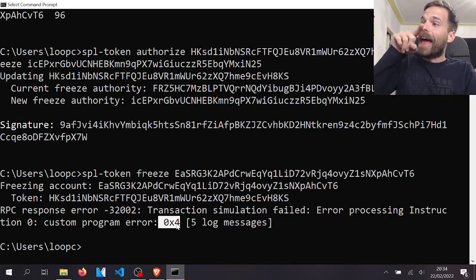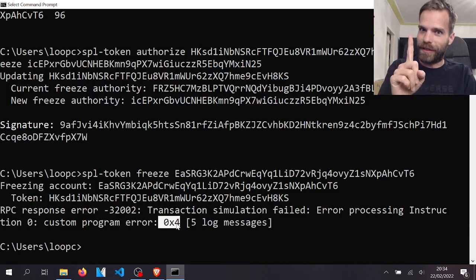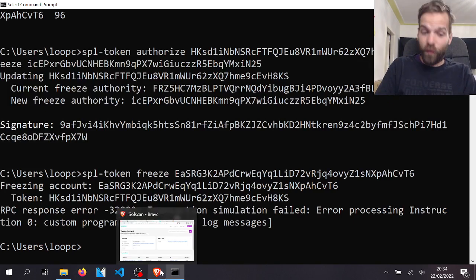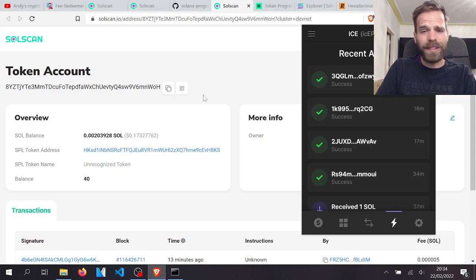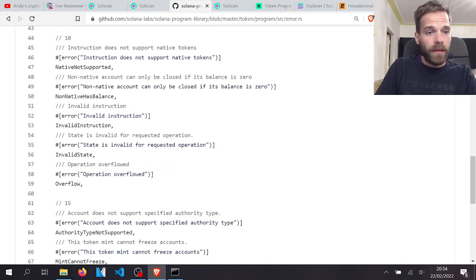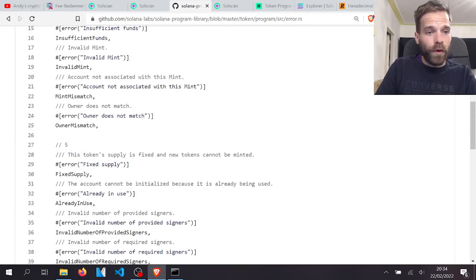And that is now also the same in decimal, because 4 is just one digit. So the fourth error, starting at 0, so it's the fifth error, because computer scientists start counting at 0. Number 4 is this one, owner does not match.